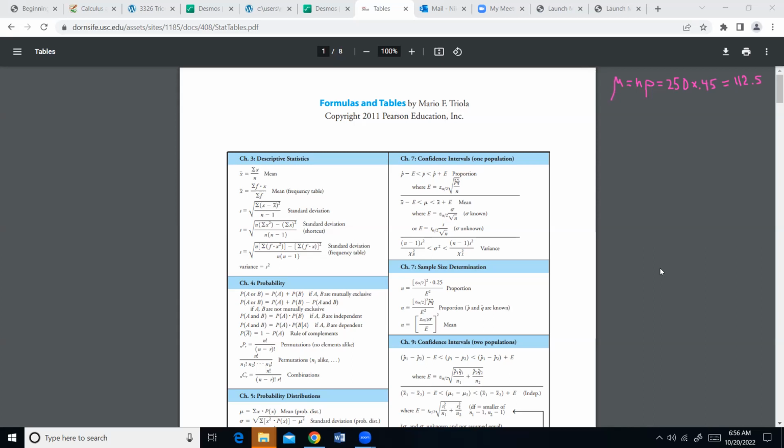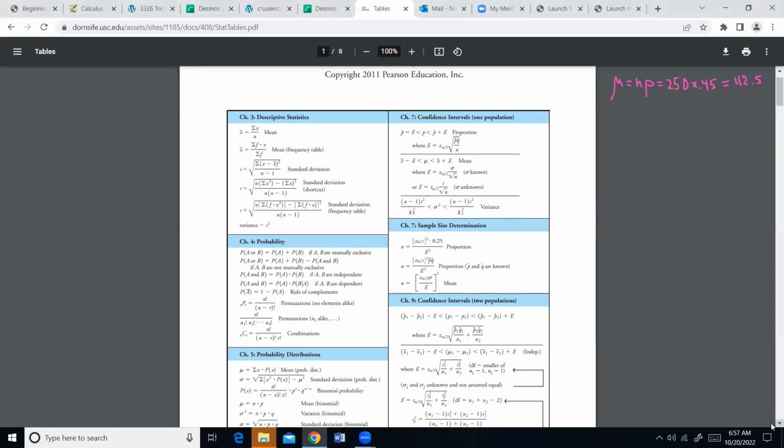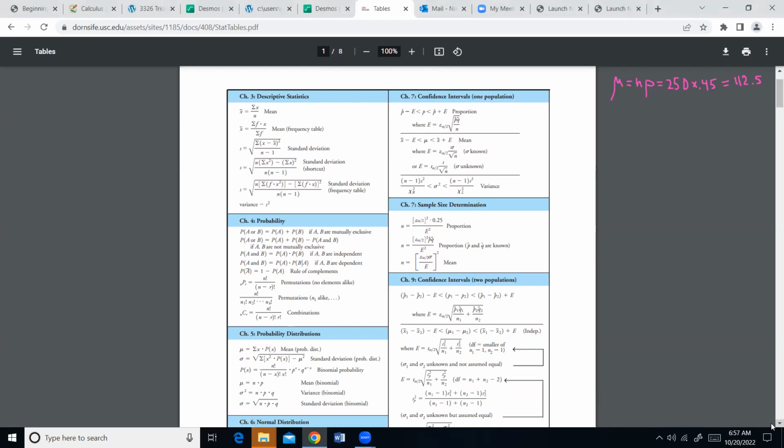So in this insert to the textbook, they have a few pages, and on the first page there are some formulas that we used already. Some formulas we don't need. For example, the very first formula for a sample mean we used back when we took the midterm exam. Also, there is a friend of this formula, the so-called sample standard deviation.